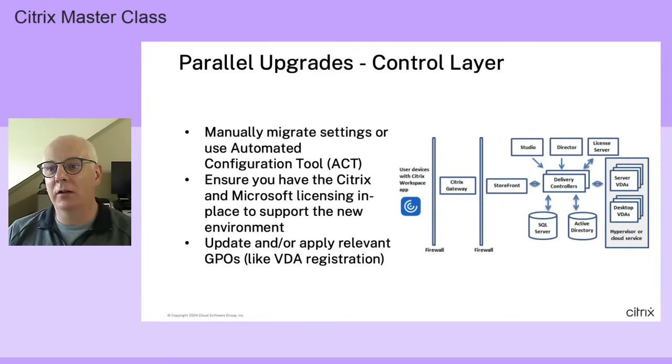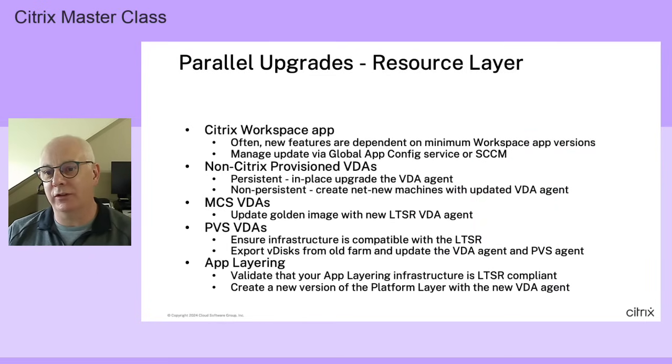Okay, so of course, then we've got things like the Workspace app. Now, this is with LTSRs. You have, as Emma has pointed out, different versions of LTSRs. Workspace app is one of them that has LTSR. Now, you can use the LTSR. You can also use the current release versions of Workspace app, but you must have some way of updating these.